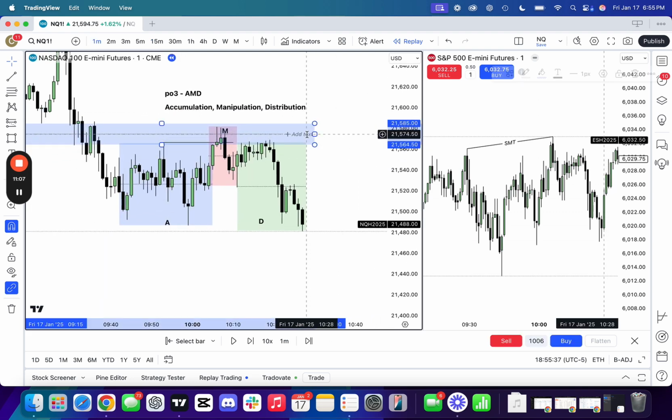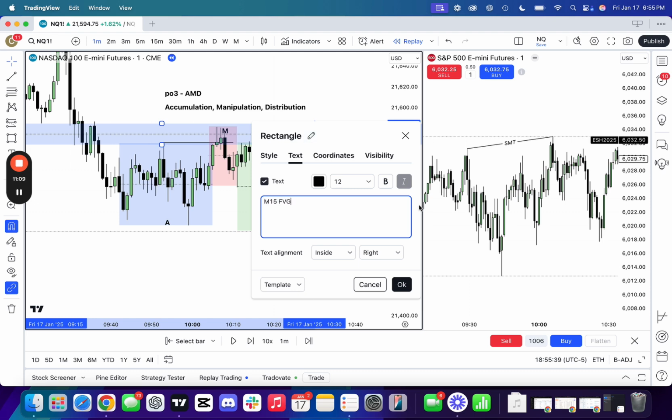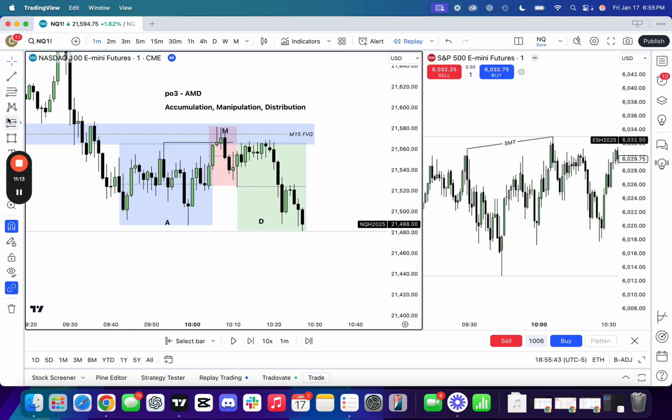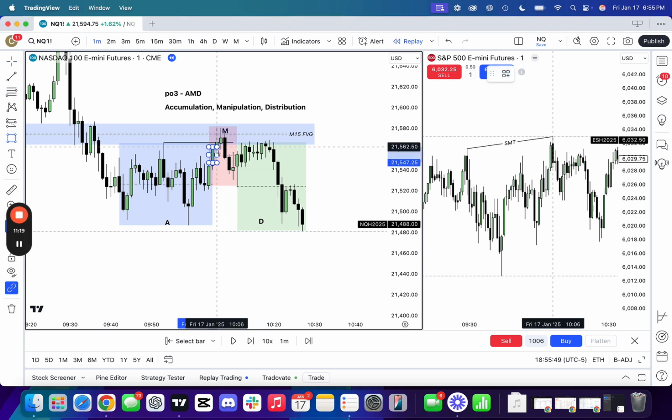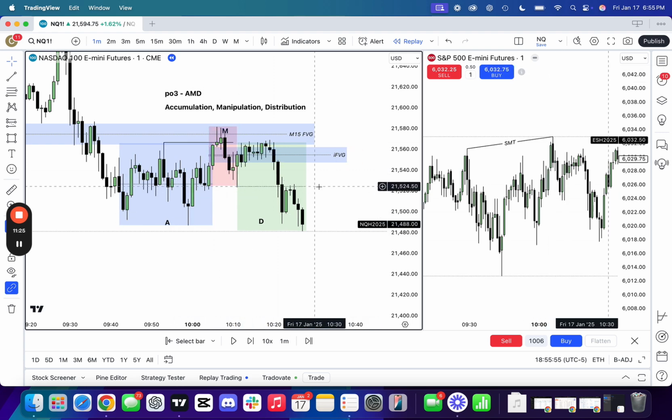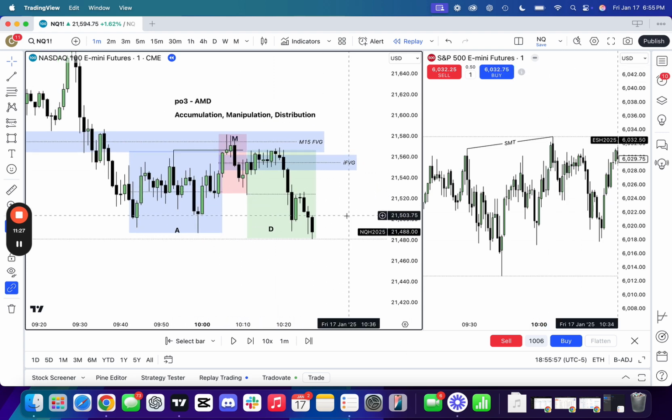Price manipulated into this 15-minute gap. Manipulated into this fair value gap. We got that confirmation on the inverse of this gap right here. That's our confirmation. We also got this change in state, and that's our move down. So this was the trade from today.